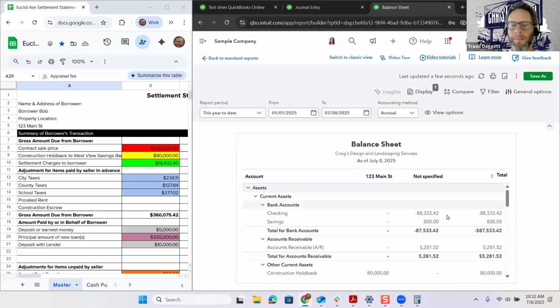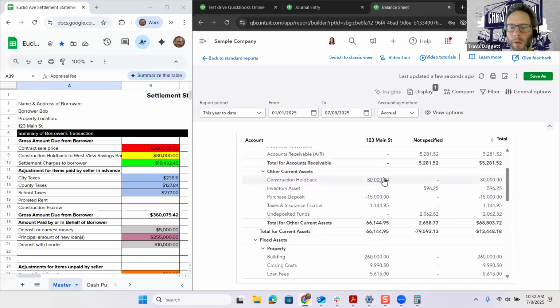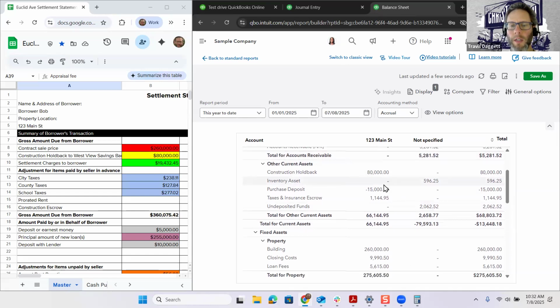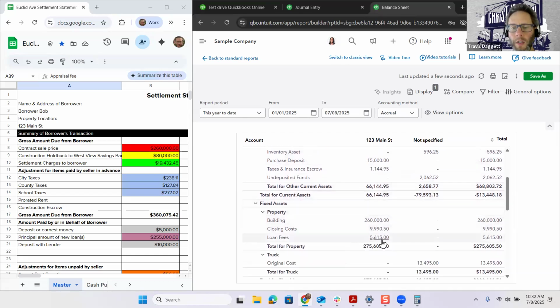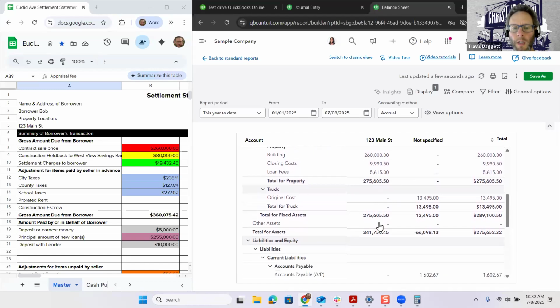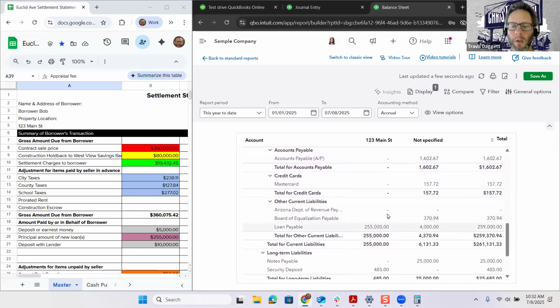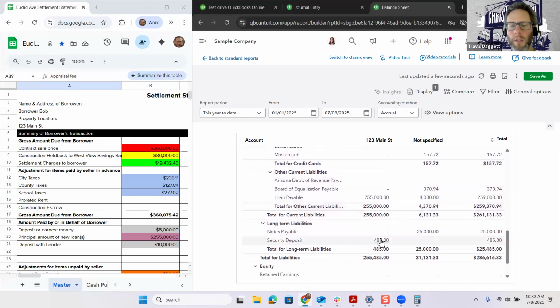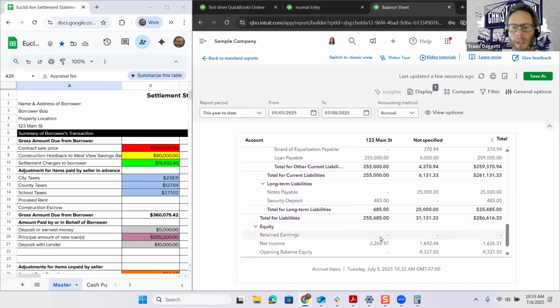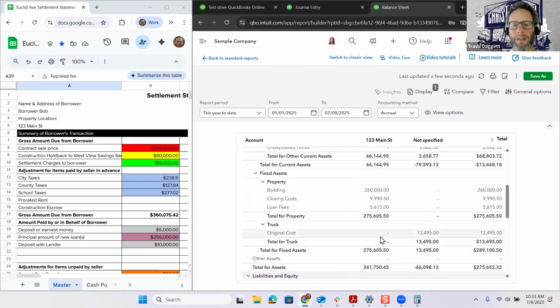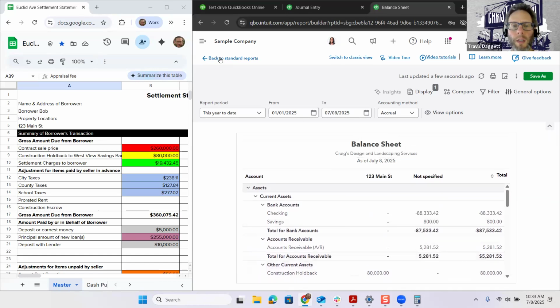Okay. And there we go. We're seeing 123 Main Street, building, closing costs, loan fees, total of what's capitalized. Anything else? There's our loan. There's our security deposit. Okay. That's it for the balance sheet.